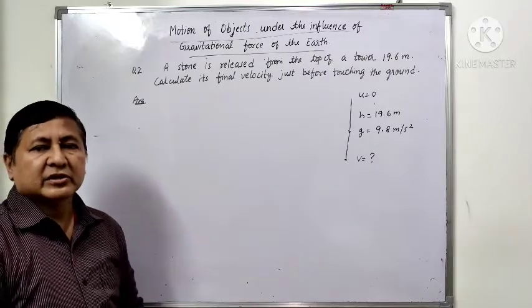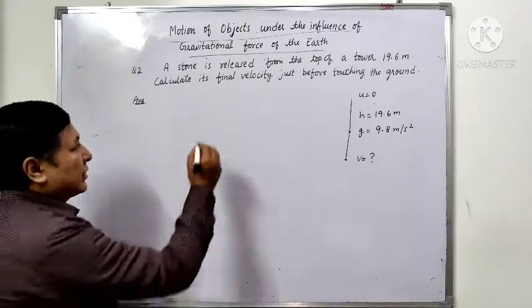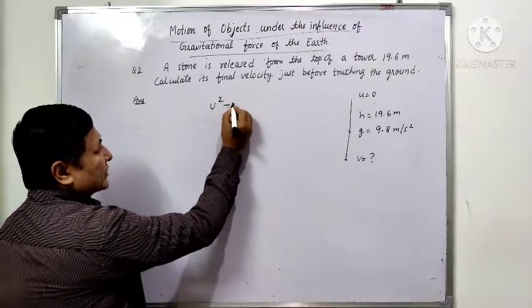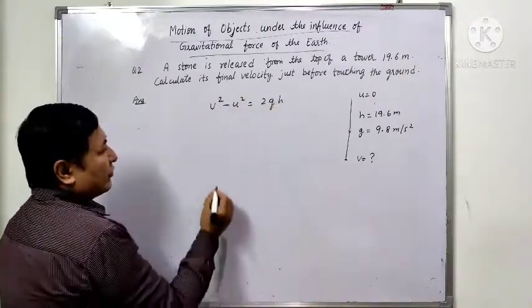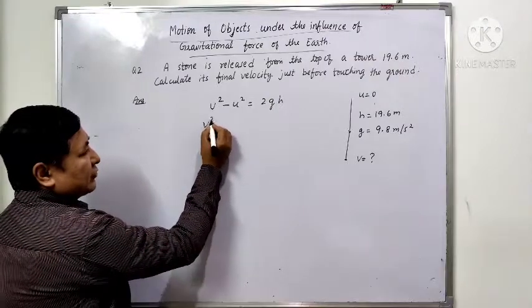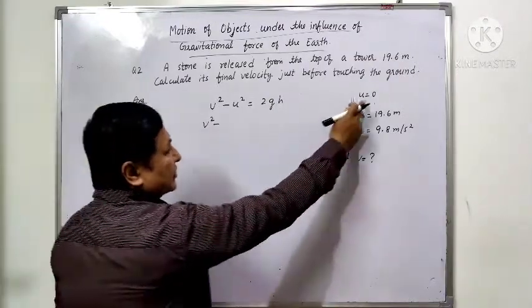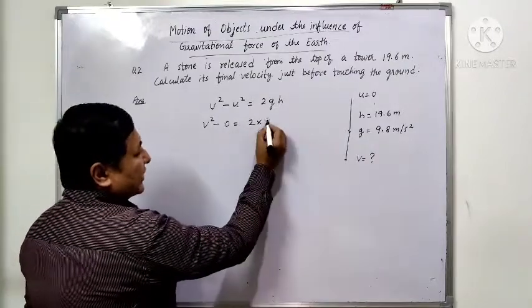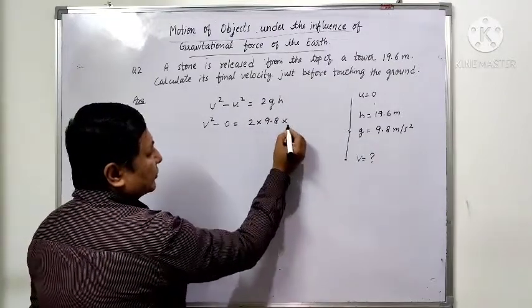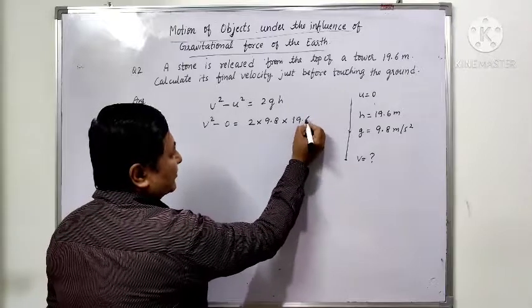Now again we will be using the third equation of motion, v square minus u square equals 2gh. V is the final velocity that we have to calculate. U, initial velocity, is 0, so we'll put 0 here. 2 into g is 9.8 into height is 19.6 meter.